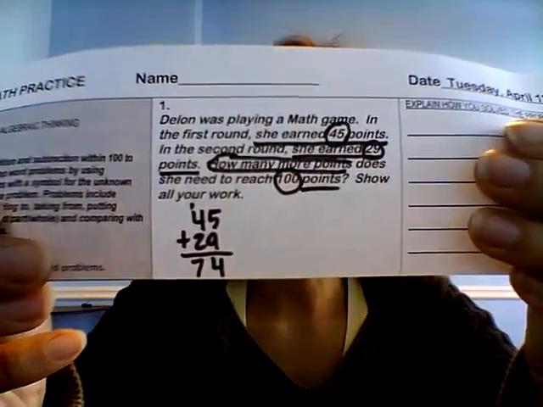I'm going to circle that. When you see the phrase how many more, you subtract. We're subtracting from 100. What number do you write first, the 100 or the 74? The bigger number, the 100.